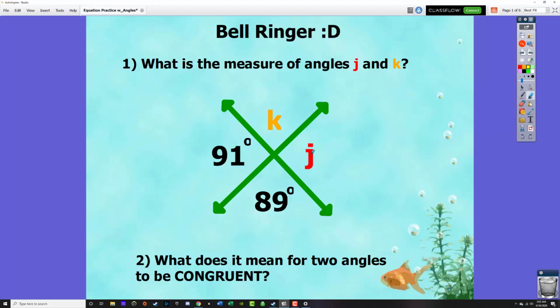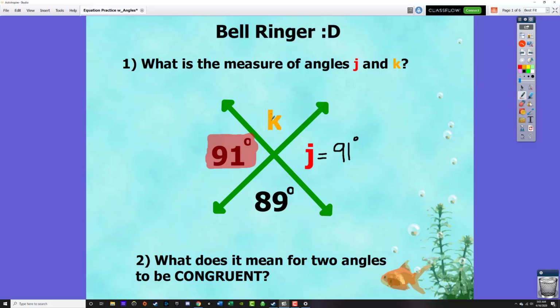Well, angle J is vertical or opposite to this angle right here, 91. So that means they are going to be identical. If this angle here is equal to 91 degrees, that means that angle J is also equal to 91 degrees.